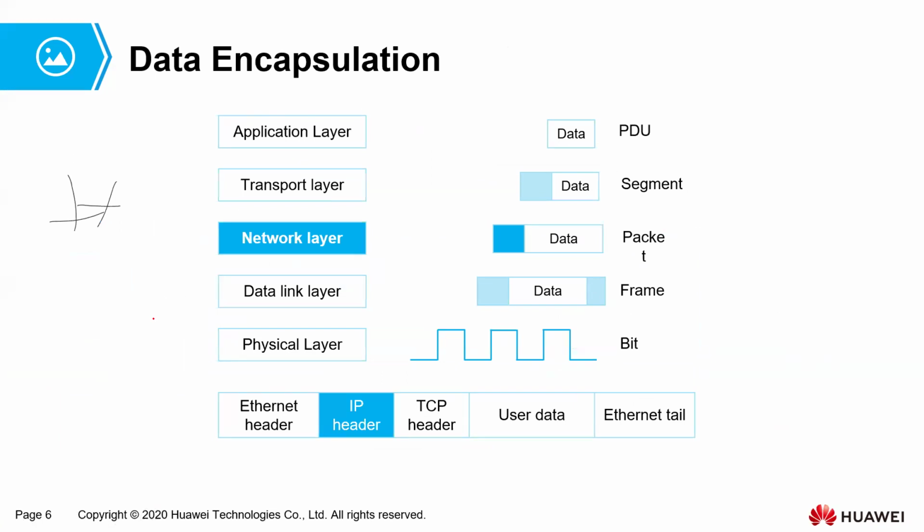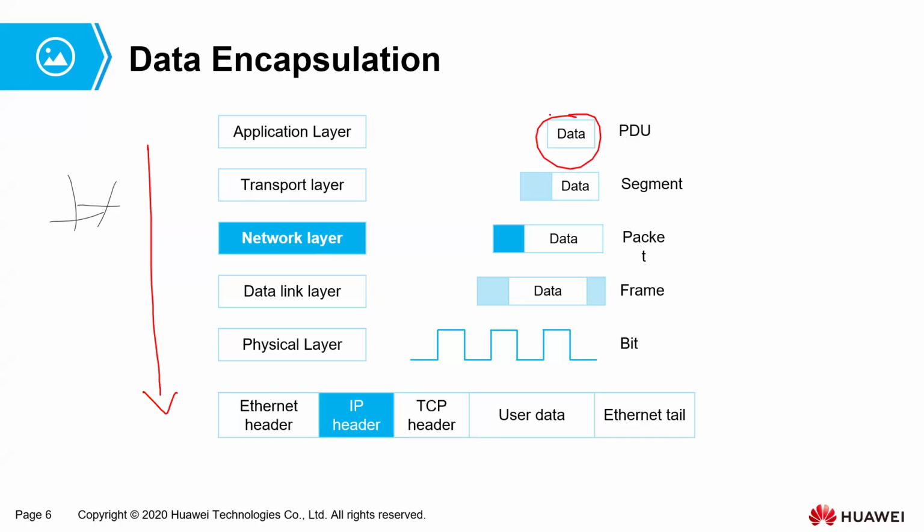Data encapsulation, as we discussed in the last module, is basically addition of headers and trailer to our PDUs as we move down the layers. Starting with the application layer, we discussed the PDU being data.